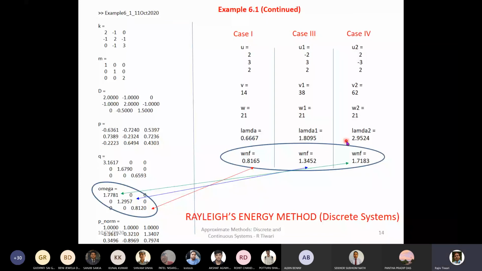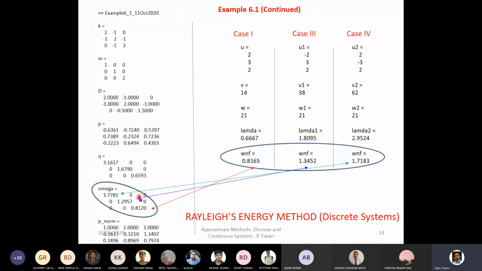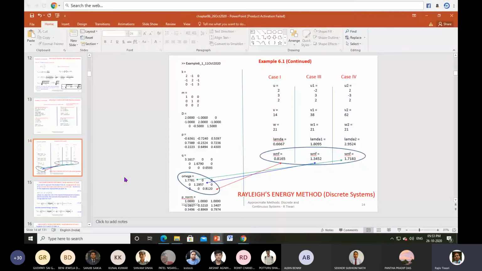Especially for bigger problems this will be very helpful, because here we can define any K matrix and mass matrix of any size. This will give all the calculations because all of these are in variable form. I encourage you, if you have the facility for writing code, to try to submit it in the assignments. Otherwise, no issue. You can do the same thing with hand calculation also.